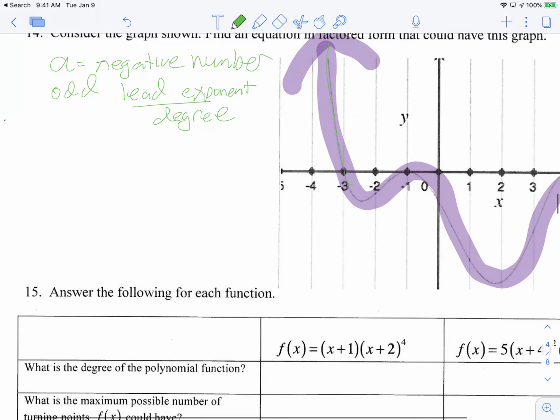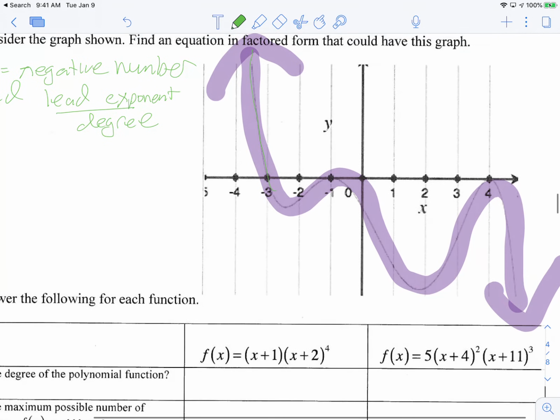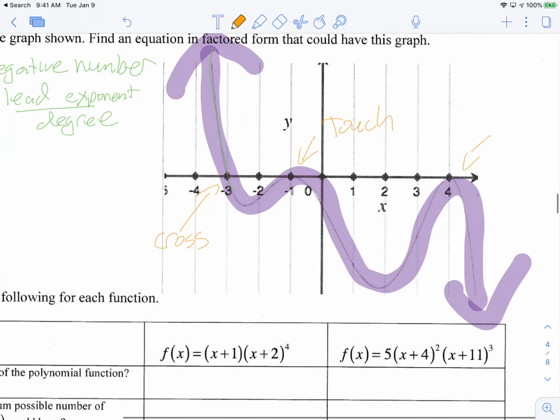Okay, so now let's identify some of the key parts here. This is a crossing zero. This is a touching zero. This is another touching zero. And what the touching zero tells us is that it's going to be an even power or even exponent.